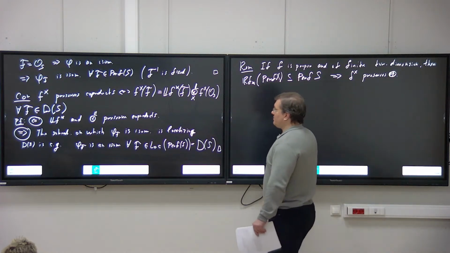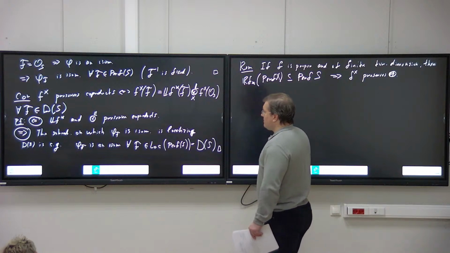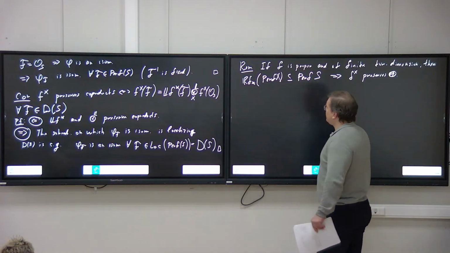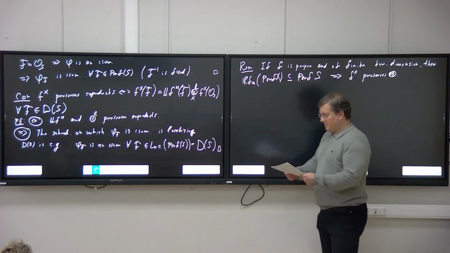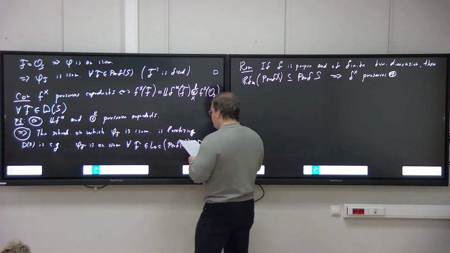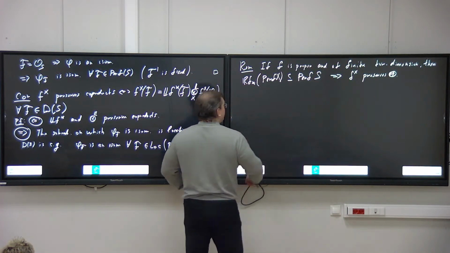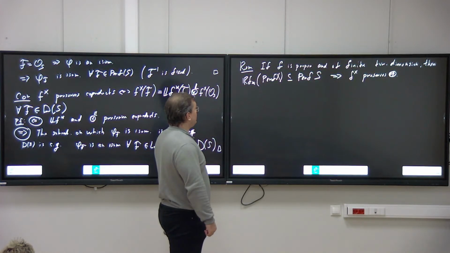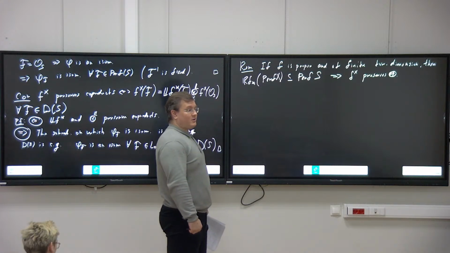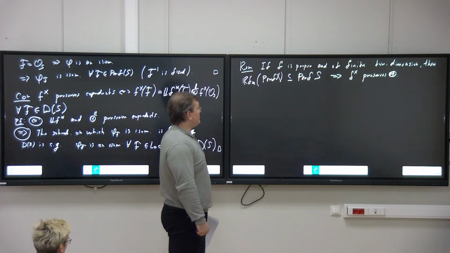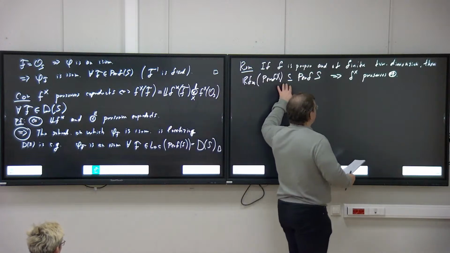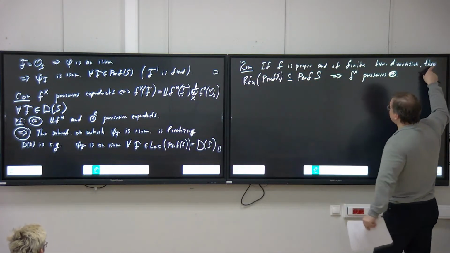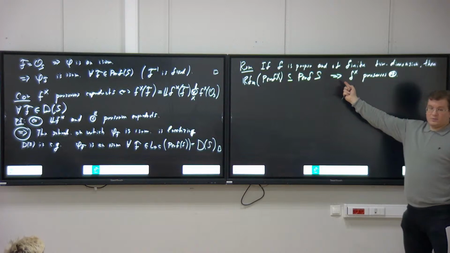So that would be an example of such a map where this is satisfied. Well, for example, if this is proper and flat, then we have this property. Why does f lower star preserve compactness? Well, that's an exercise in algebraic geometry, and this follows by one of the problems in the assignment.